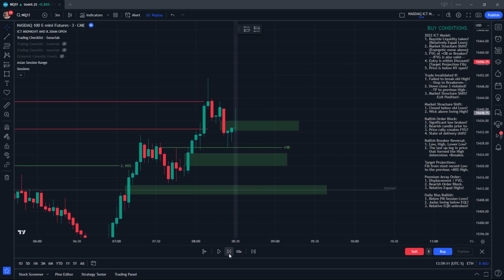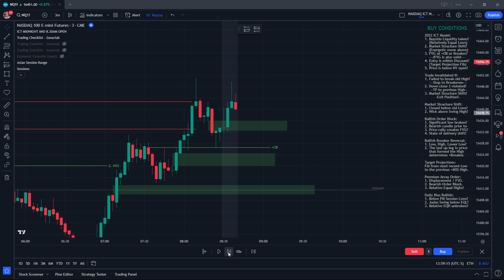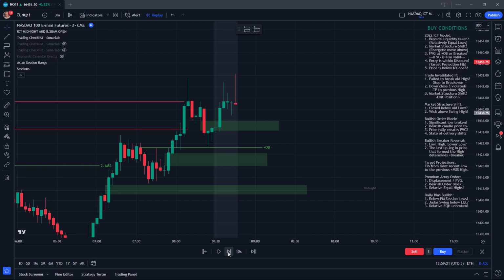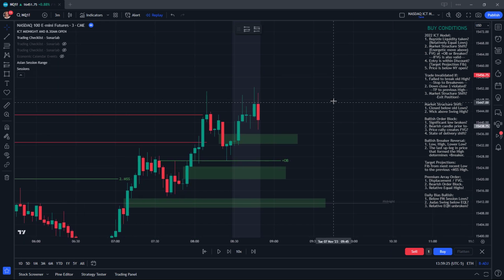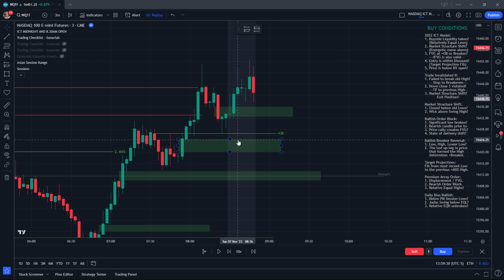we could go through a few more candles. Let's just see what happens during the morning session. So we're not really going to be able to use any of these fair value gaps here, are we?